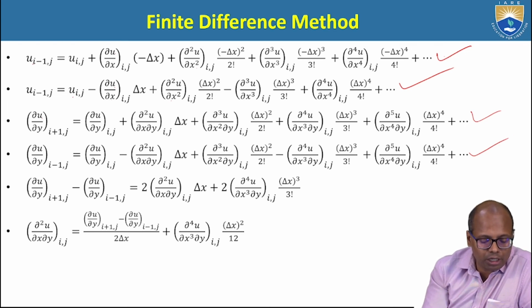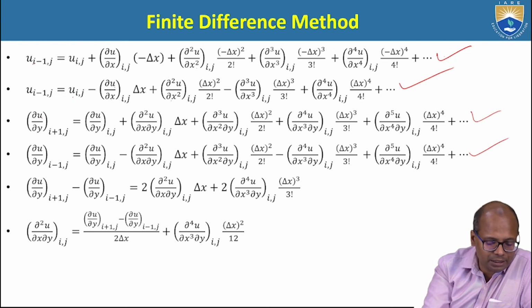Now I am subtracting this equation from this equation.